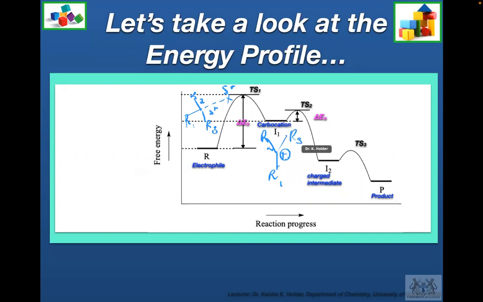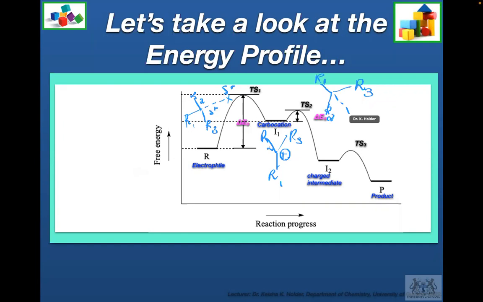All right, so now in going from our intermediate 1 to our intermediate 2, this is where our nucleophile is attacking. So it means then that we have a transition state that looks somewhat like the intermediate product, but just not fully formed.